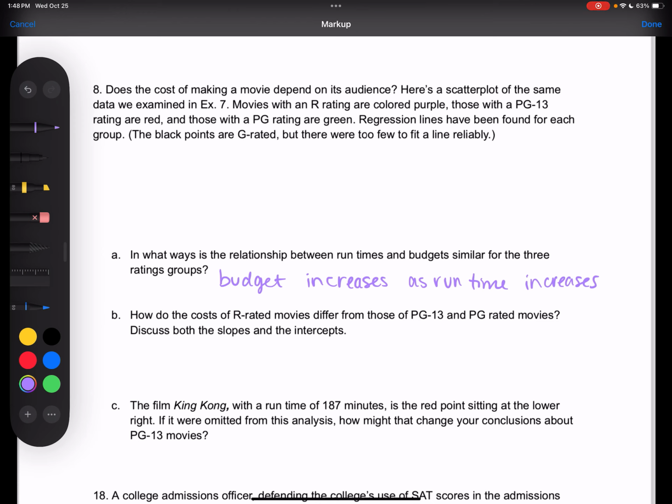How do the costs of R-rated movies differ from those of PG-13 and PG-rated movies? Discuss the slopes and the intercepts. The slope of R-rated movies seems to be less than that of PG-13 movies, but more than that of PG movies.